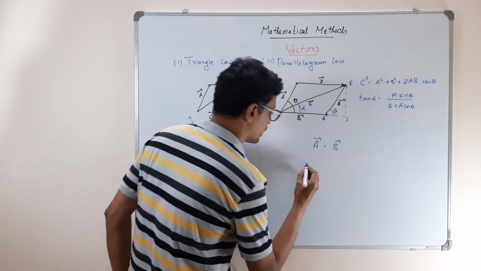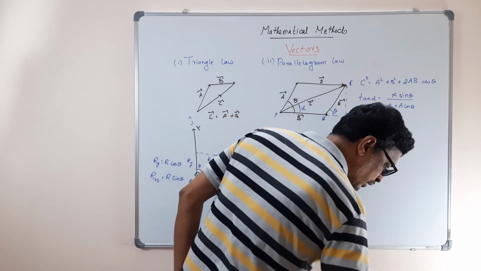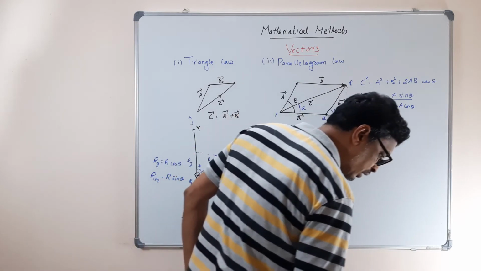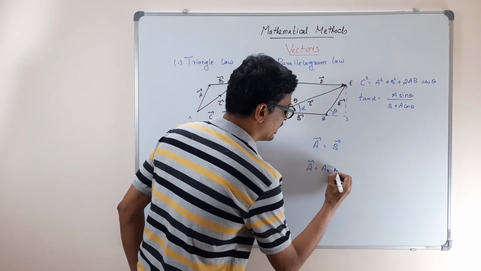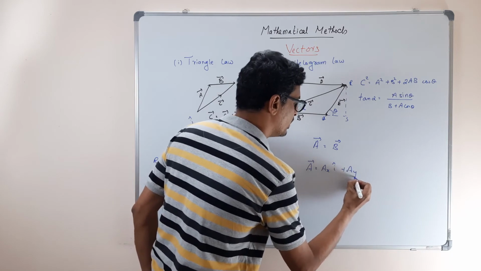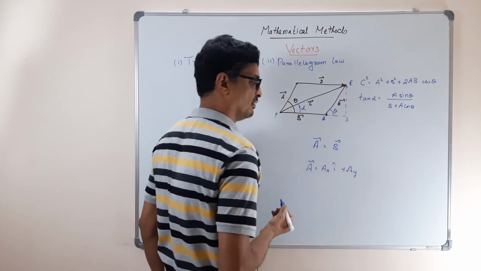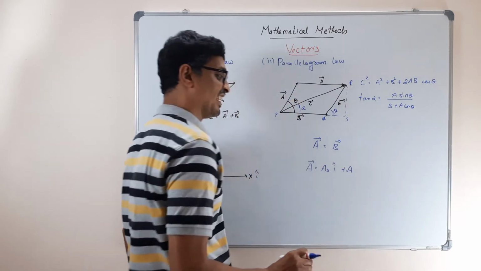So let me call vector A equal to Ax i cap plus Ay j cap, and the magnitude will be the square of those.